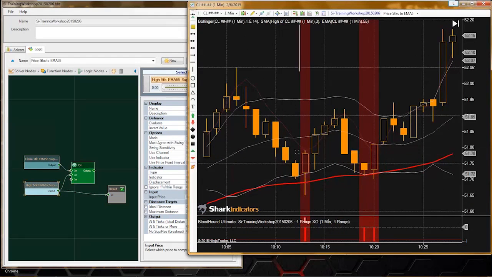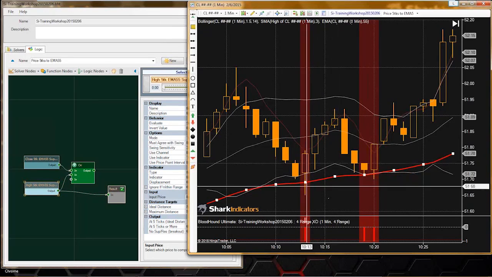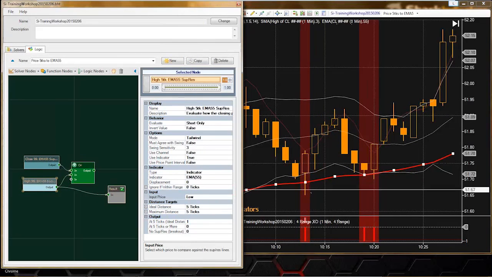And of course this solver on its own needs some filtering. So we can see we do have some short signals here, and yeah, that's because the low price broke below the EMA. That's right. So you do need some filtering. You can't just use the raw solver by itself.